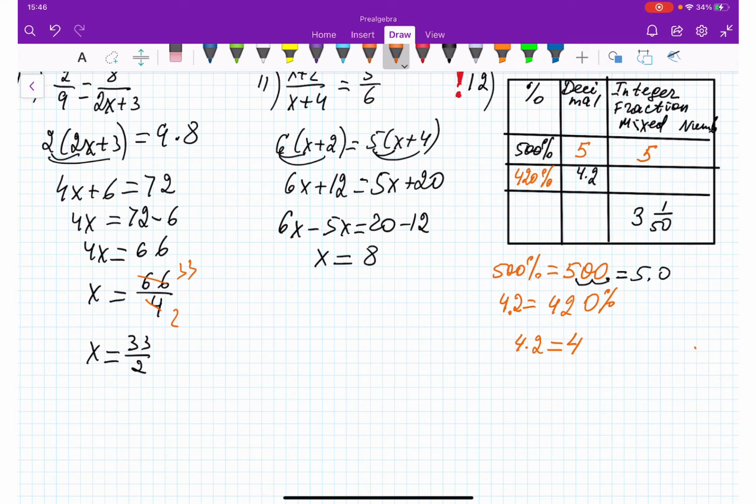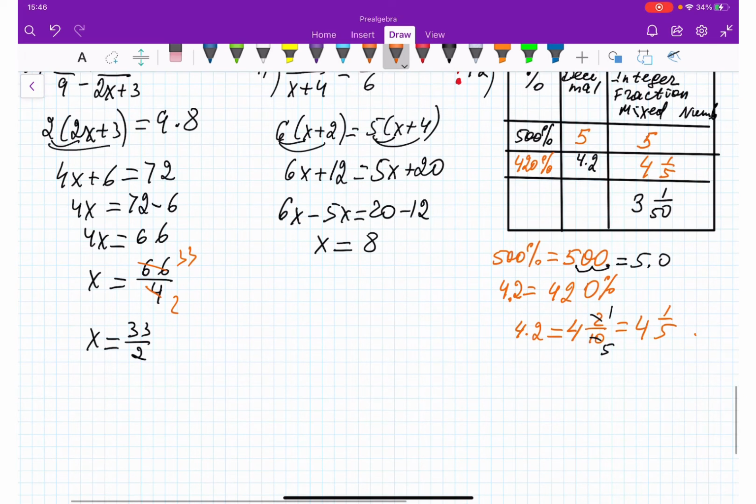And 2 is a tenth, right? So 2 tenths. It's going to be 1 over 5. So the answer is going to be 4 and 1 fifth.